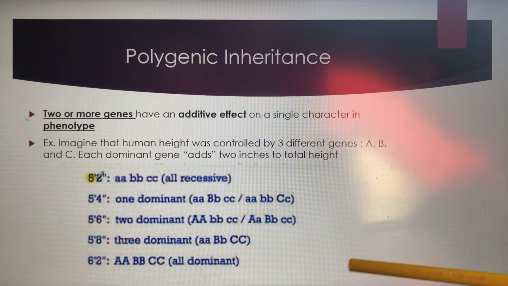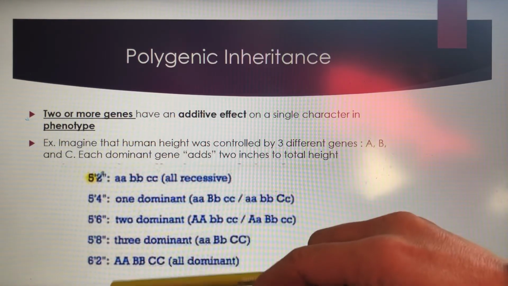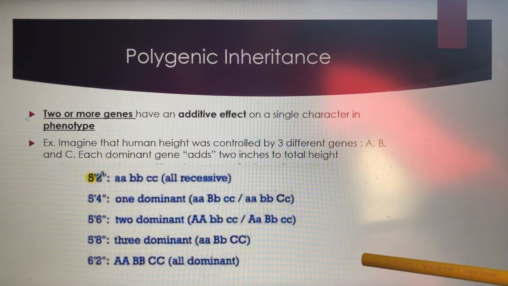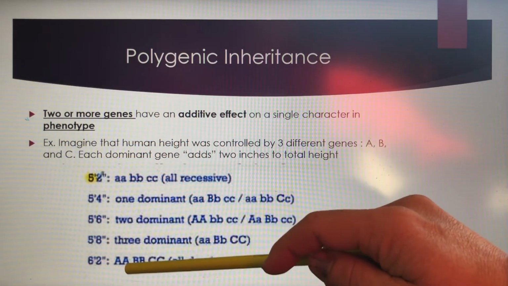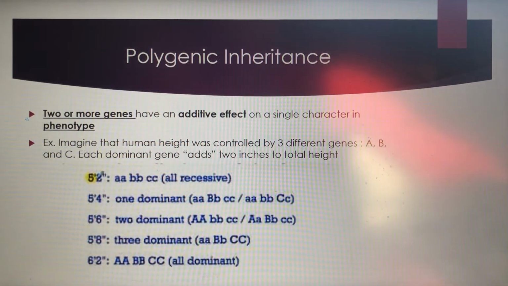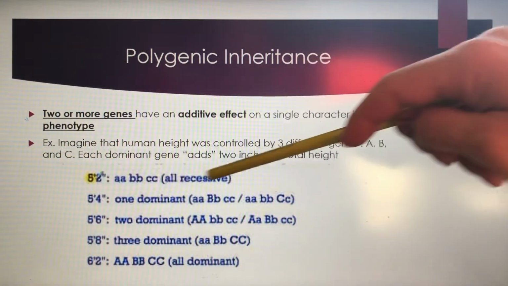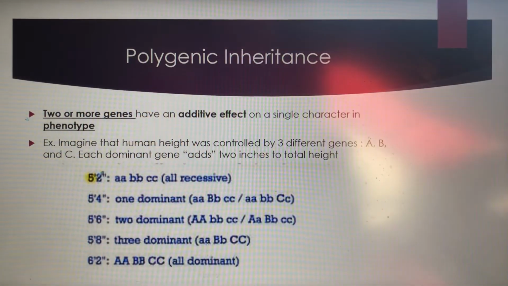Okay, and then the tallest where it's all dominant, we're going to add 1, 2, 3, 4, 5, 6. 6 times 2, because it's 2 inches for every capital letter. Okay, so 6 times 2 is 12.